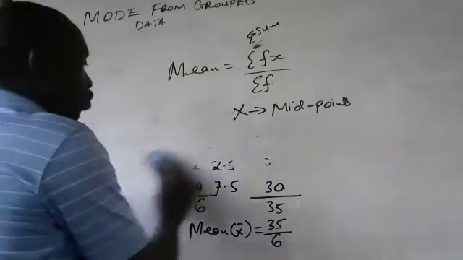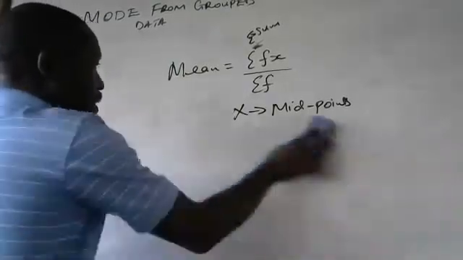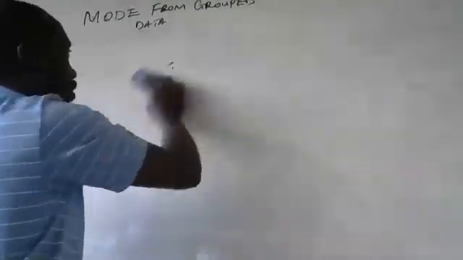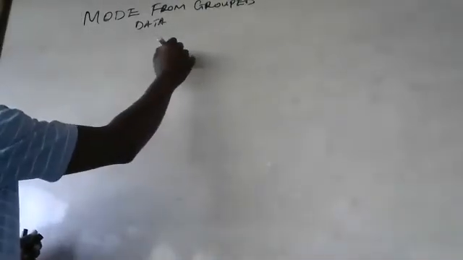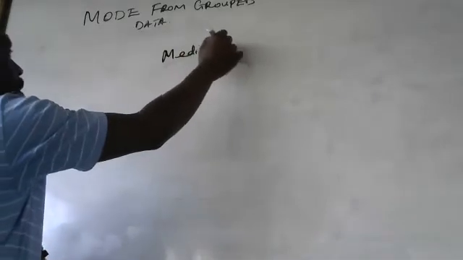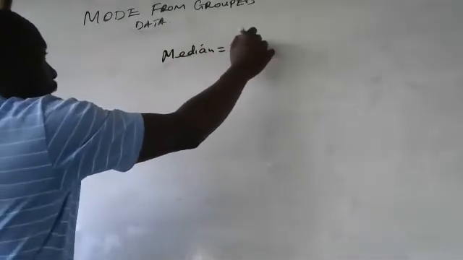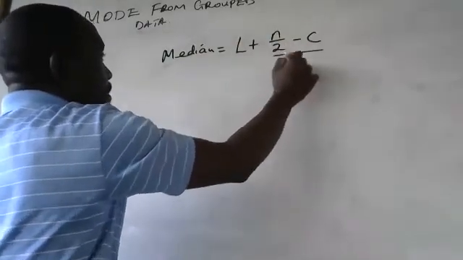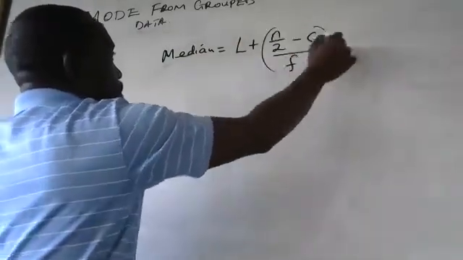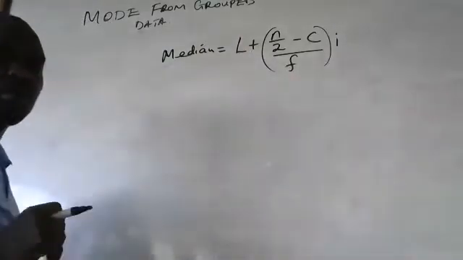When it comes to the median, we saw from our discussion that the median is normally obtained by L plus n over 2 minus c divided by f, and then you multiply by i. That is what we say.